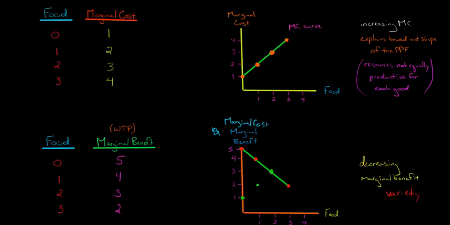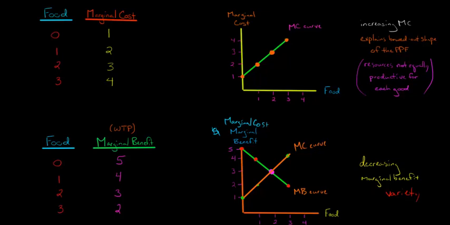Let me put that in a different color. When we have 3 food, the marginal cost is 4, corresponding to this point right here. I'll put a line through these points so you can see. Now this is our marginal cost curve, and here we have our marginal benefit curve.